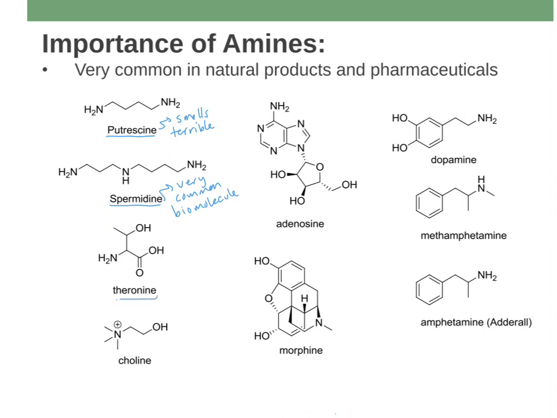Threonine is just an example of an amino acid. All amino acids have amines in them. That's why they're called amino acids, which is something that hopefully we'll talk about later. Here we have choline, which is another very important biomolecule. You may have heard of acetylcholine, a neurotransmitter.